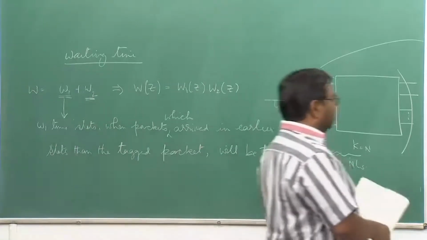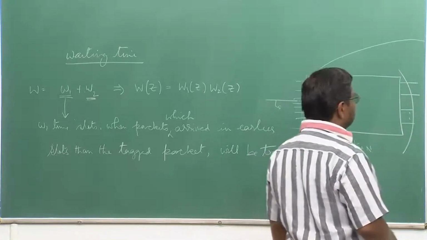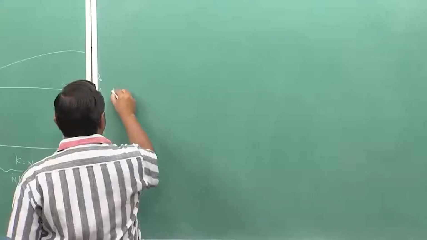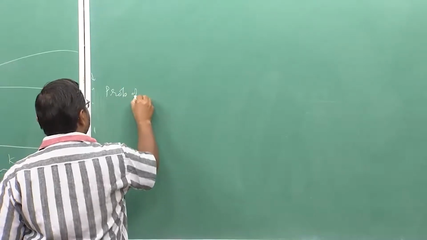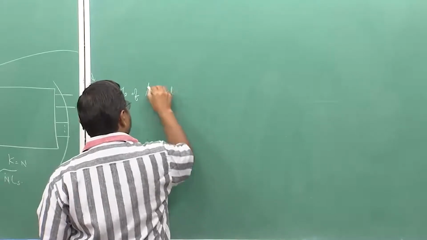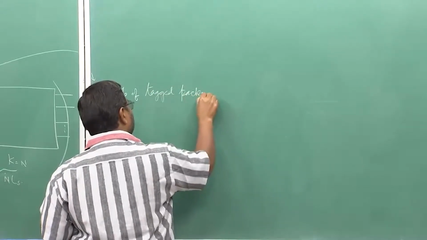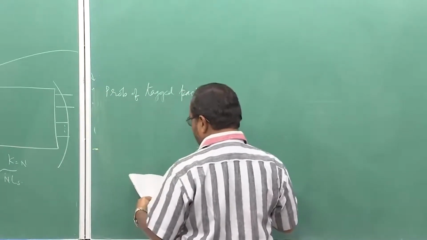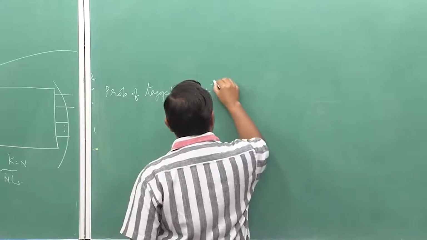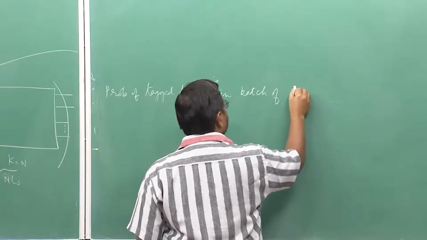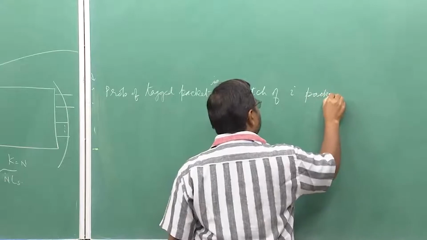What we are doing is, I am assuming that we need to estimate the probability of a tagged packet being in a batch of I packets.